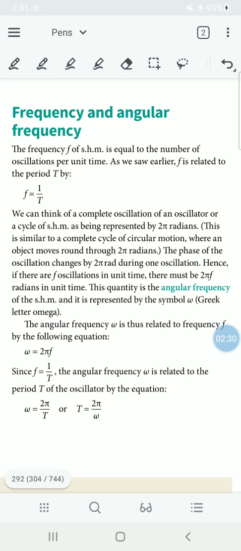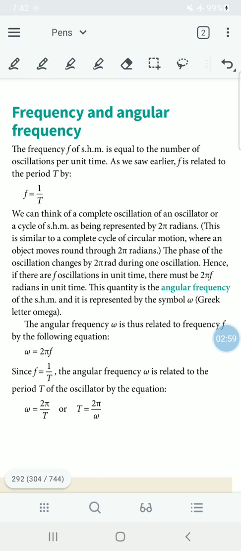That is a single cycle of one complete circle, right? So 2 pi radians is how much it would go in a complete circle. Then in SHM also, a complete oscillation is equal to 2 pi radians.